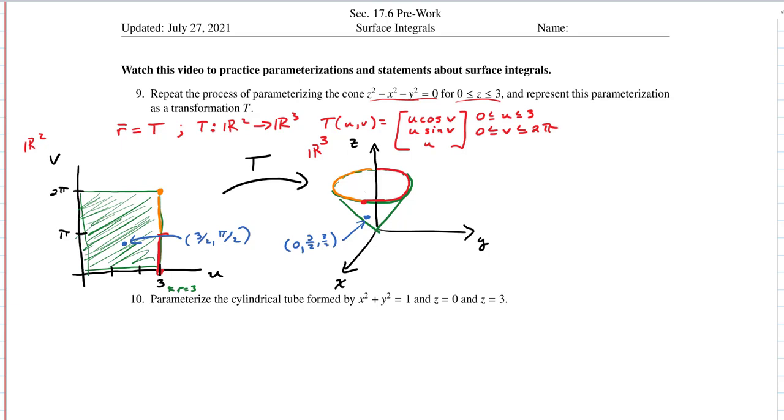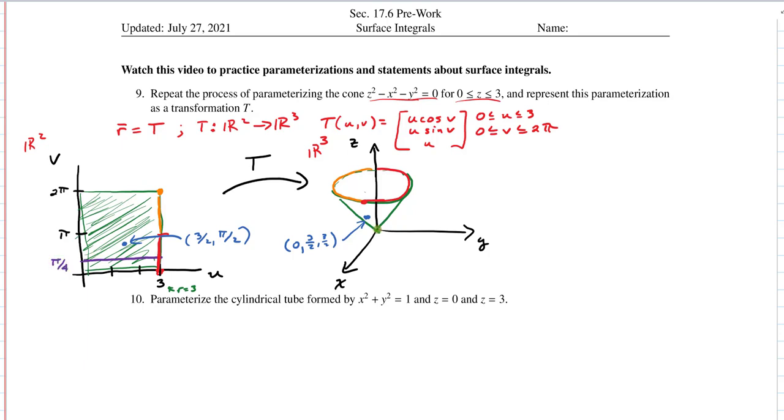Okay. Likewise, let's look at a couple of other points. So let's look at a horizontal line. Maybe that's the horizontal line theta equals pi over 4. So where does this horizontal line get mapped? Well, notice that this horizontal line at theta equals pi over 4 corresponds to all points where the radius of the cone varies between 0 and 3, but the angle stays at pi over 4.